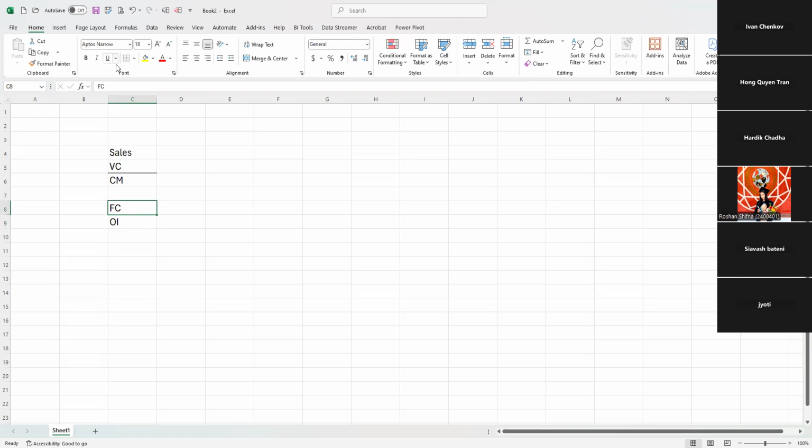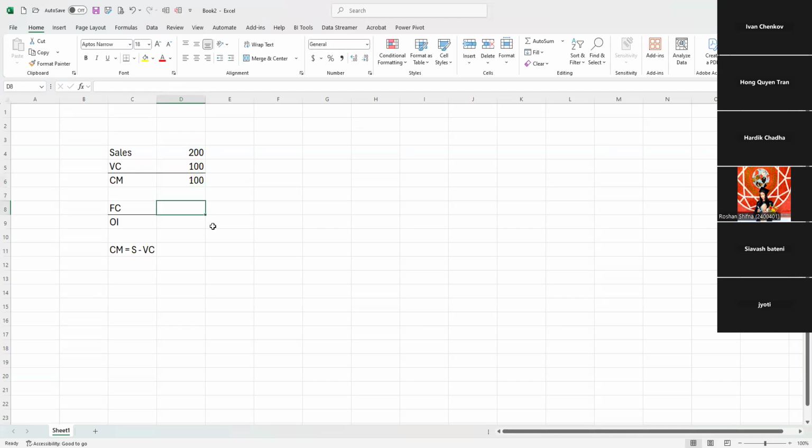So now the question is, what's the contribution margin? Contribution margin is simply sales minus variable cost. If my sales are 200 and my variable cost is 100, how much will my contribution margin be? 100, right away. That's equal to this one minus that one.